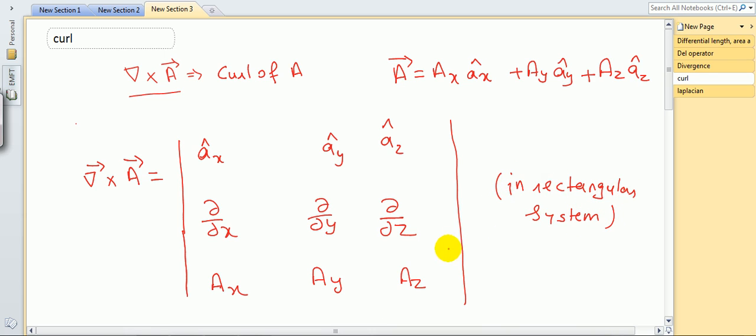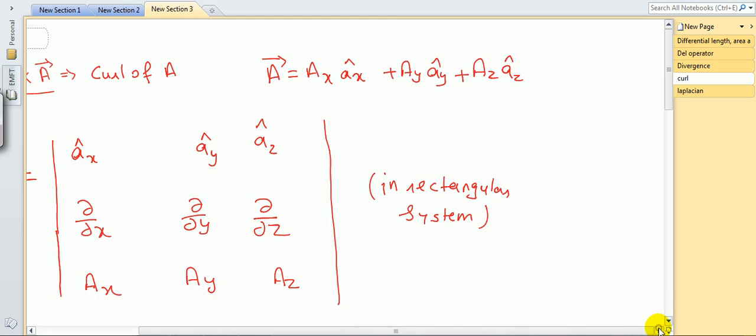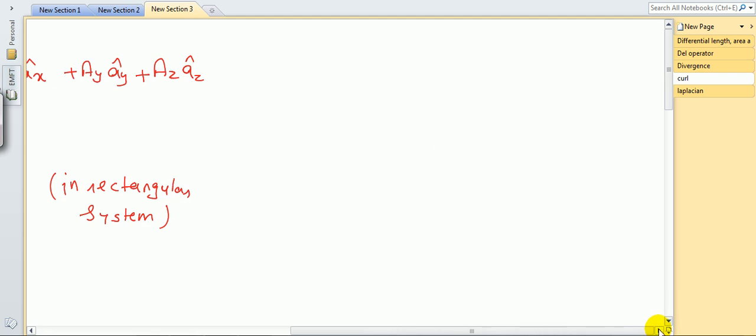Like in the rectangular coordinate system, curl also has a formula in the cylindrical coordinate system, which I will write here.